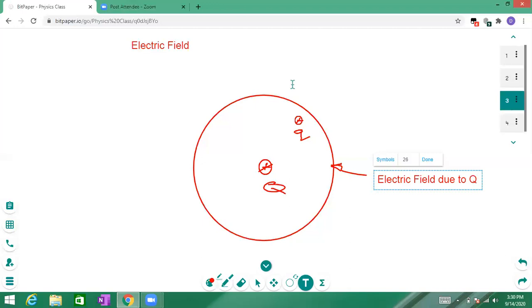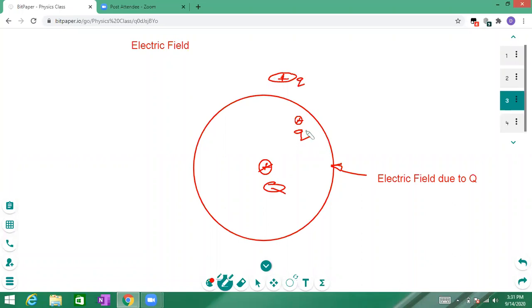Suppose the position of the charge is this one. It is the small q charge.